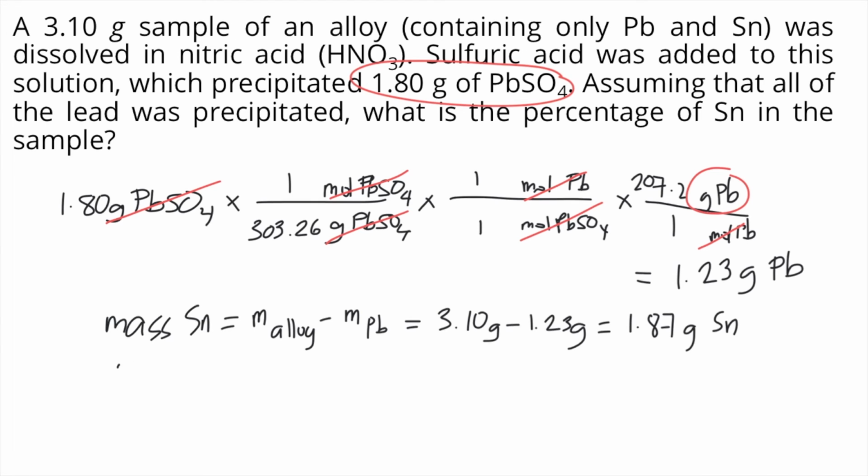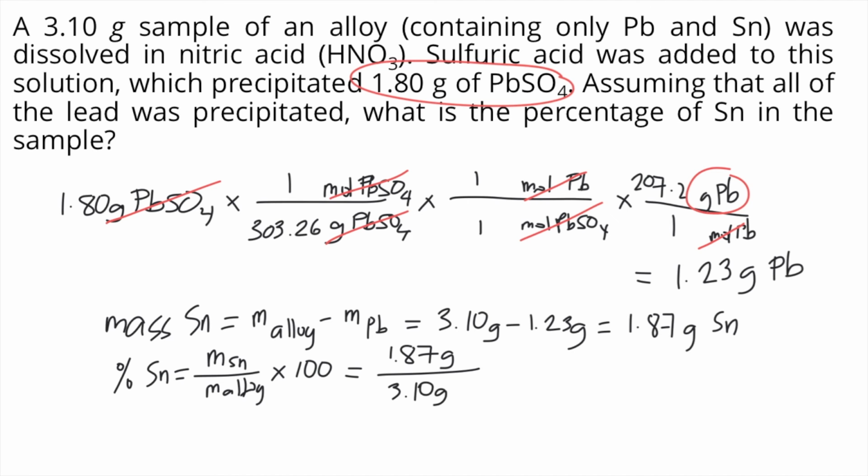So how do you solve the percent of tin? That is just the mass of tin divided by the mass of alloy times 100. So 1.87 grams divided by 3.10 grams times 100.